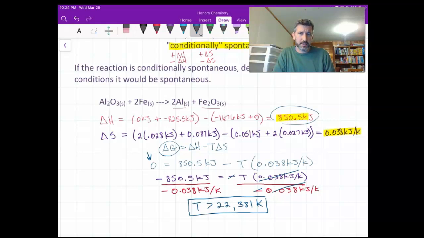And hopefully that makes sense because, for a couple of reasons, but the biggest is that it's an endothermic reaction. If it's a reaction that absorbs heat, it should make sense that it would be more spontaneous at a higher temperature. So there you go. It would be spontaneous only above 22,381 kelvins.